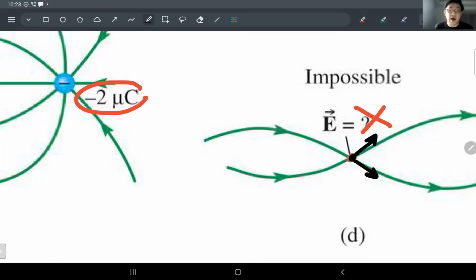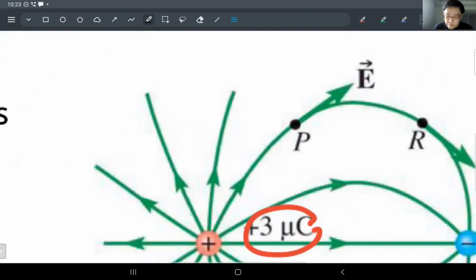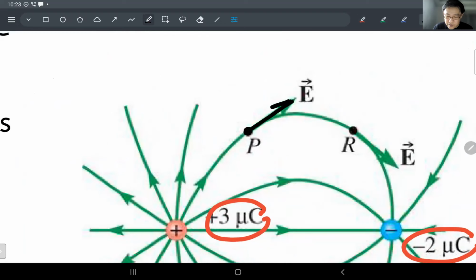You shouldn't have any crossing between electric field lines, because you know the electric field comes from the vector summation. So just complete your summation and get it done. At one particular point, you can only have one value of electric field, because that's the vector summation at that point. You shouldn't have any decision to make at a point.